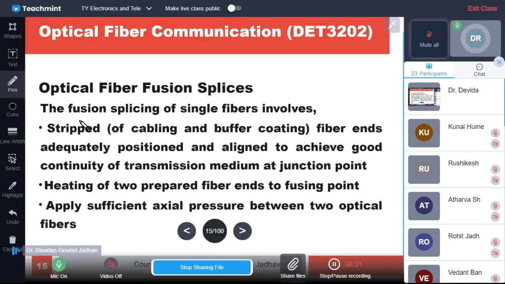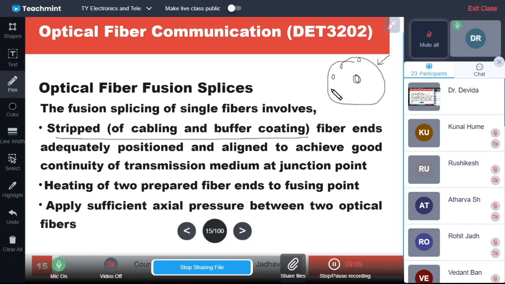The fusion splicing of the single fiber involves stripping, that is, cabling and buffer coating. Both coatings are removed. Cabling means there is a cable of fibers in which the supporting materials are there: the outer cable coating, and the innermost axial and intermediate steel strings are there, small strings.